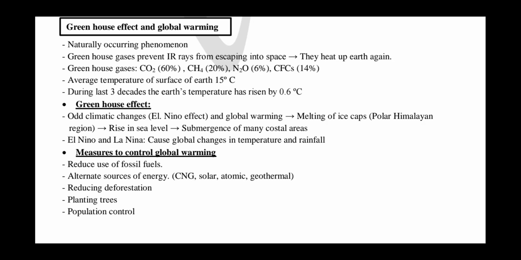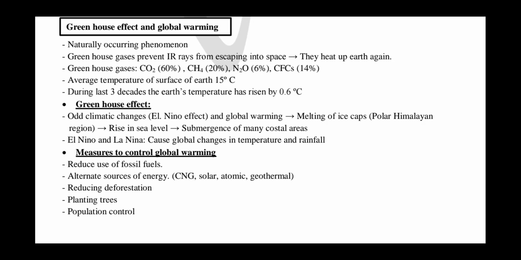This much is enough to melt the ice caps in the polar region as well as the Himalaya snow caps. When ice melts, the water level increases in the sea, and that leads to submerging many coastal areas. Due to the rise in temperature, the change in environment and climatic conditions we call the El Nino effect.